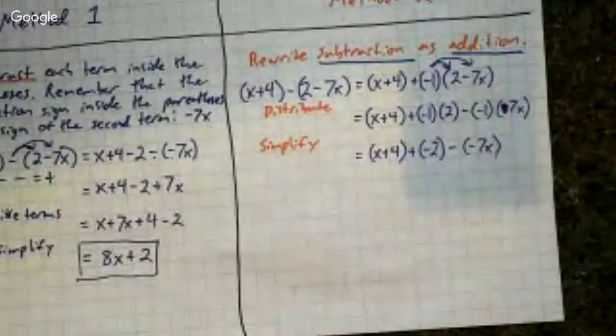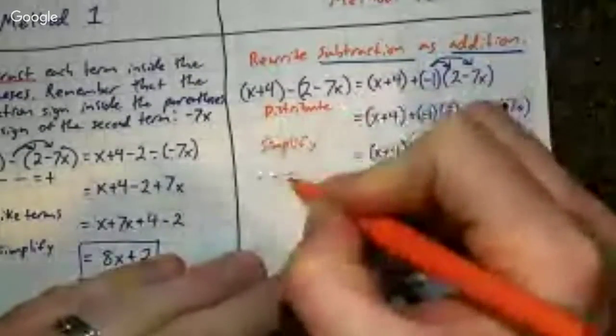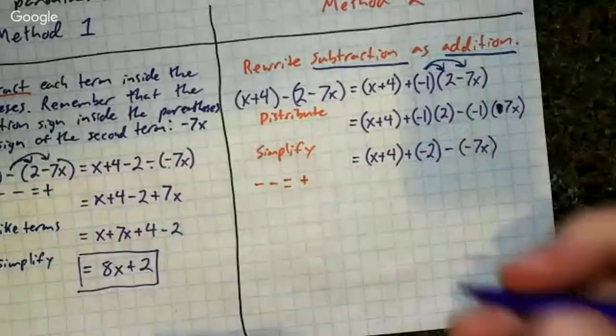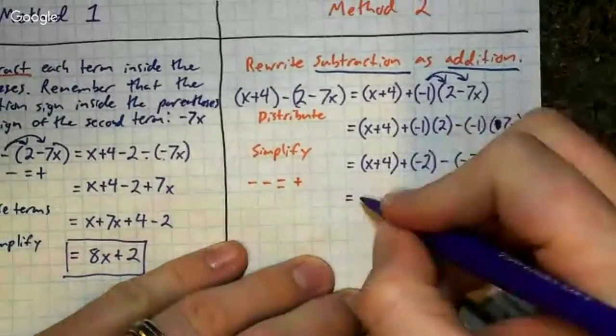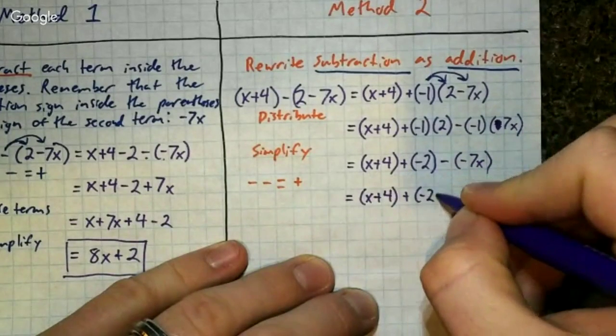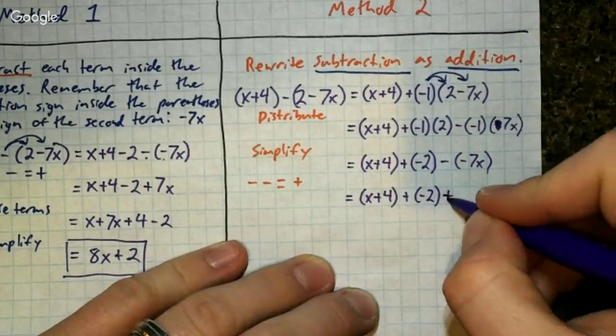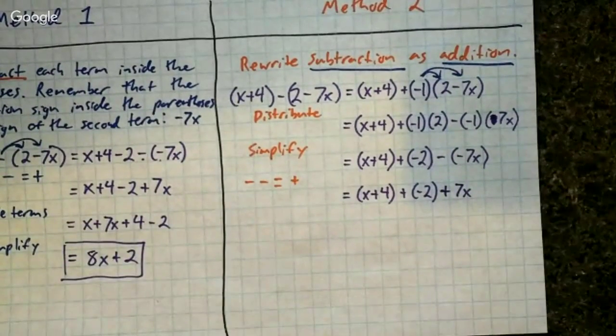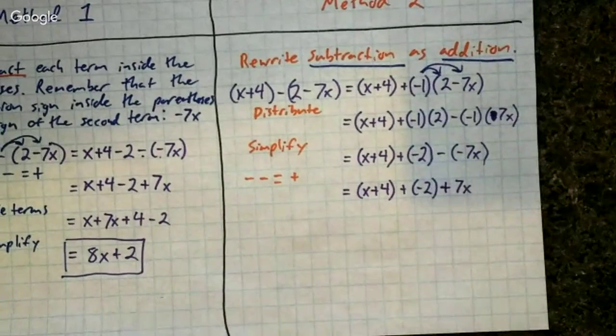Then we use our little Power Rangers thing to subtraction give us an addition, which means we rewrite this as x plus 4 plus -2 plus 7x. So those two subtraction signs become the addition sign.